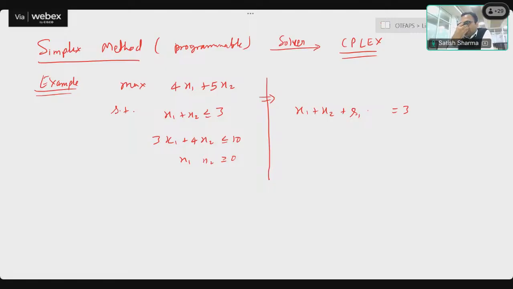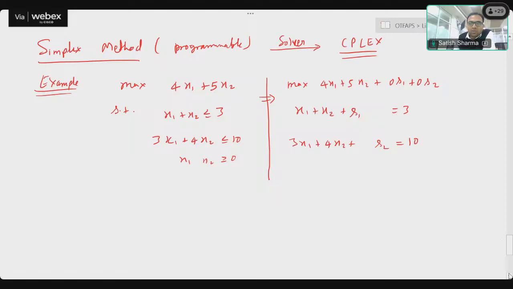So if x1 plus x2 is equal to 3, then s1 will become 0. That satisfies the condition. Similarly, 3x1 plus 4x2 plus another variable s2 is equal to 10. We can write it like this, and the same we put in the objective function: 4x1 plus 5x2 plus 0 s1 plus 0 s2. So these are the basic fundamental formulations.